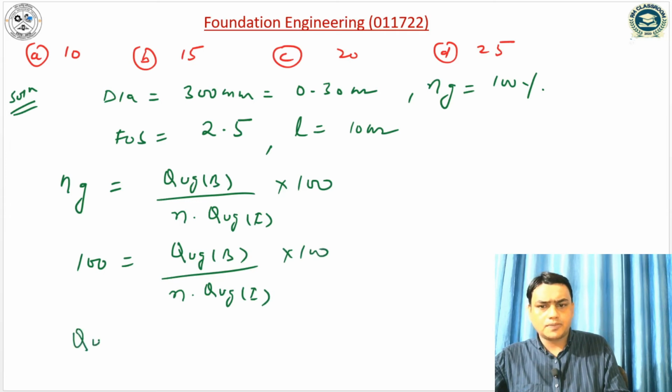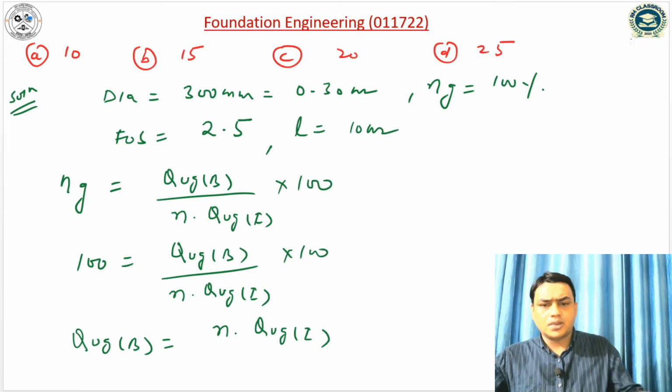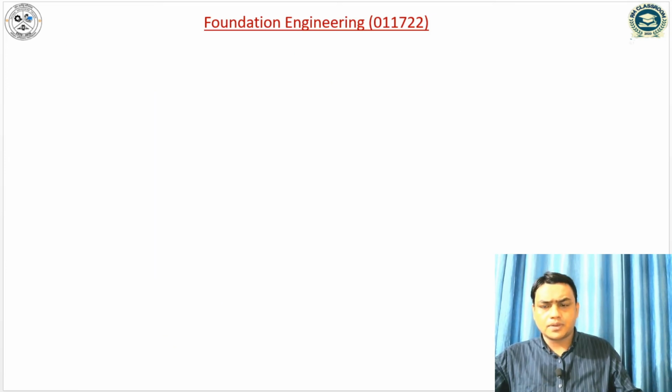So we can write QUG block is equal to N into QUG individual. So firstly we have to find the individual load carrying capacity of the pile.